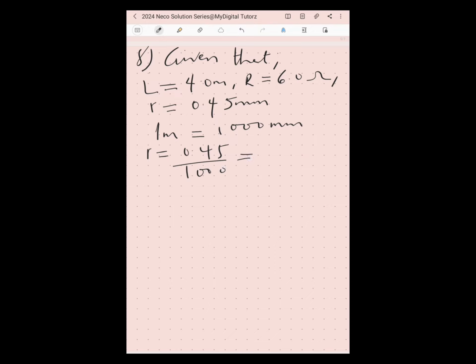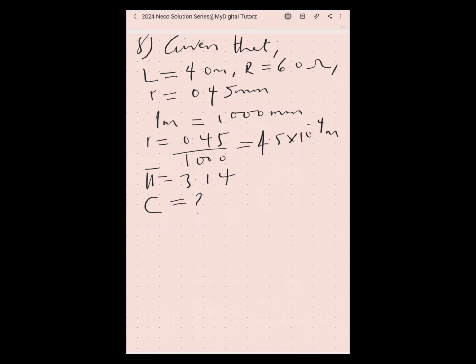That will give us 4.5 times 10 raised to power minus 4 meter. The question says we are given that pi is 3.14, and we should calculate the conductivity. So we are looking for conductivity.